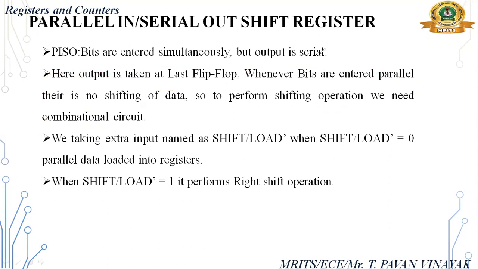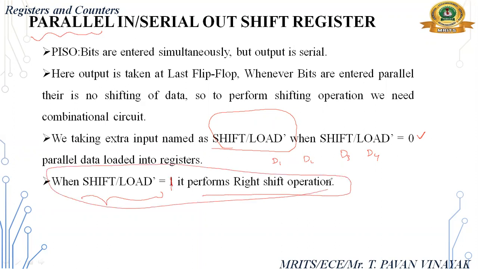For that, we take an extra input, shift or load bar. Whenever shift or load bar is 0, we load data, means D1, D2, D3, D4 parallel in. Whenever shift or load bar is equal to 1, it performs right shift operation.